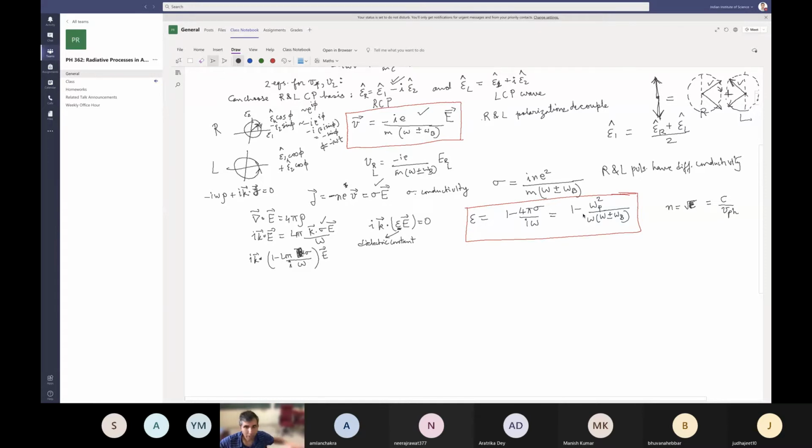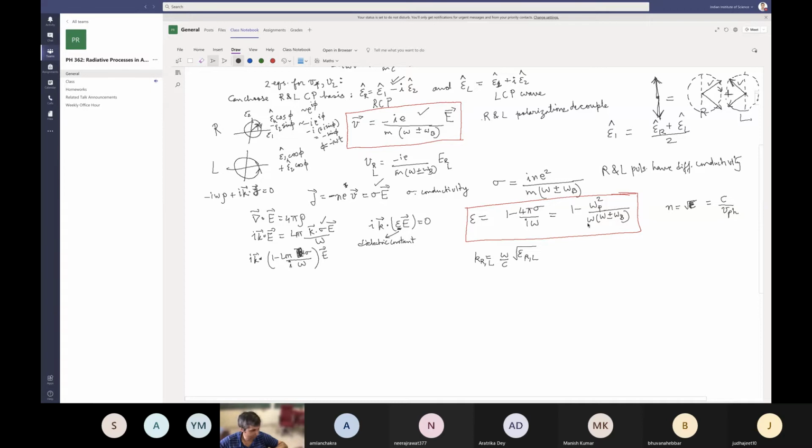Okay. So now what happens? So what does it mean? What it means is that your K, the wave number, right? Omega is fixed. K is equal to omega by C times the square root of epsilon_R,L. So the wave number for the R polarized wave and for the L polarized wave are different because the epsilons are different.